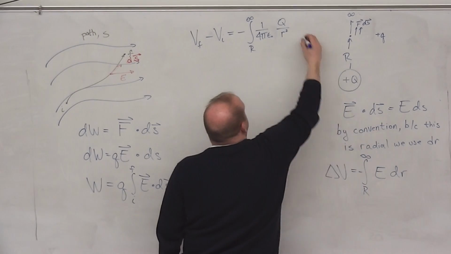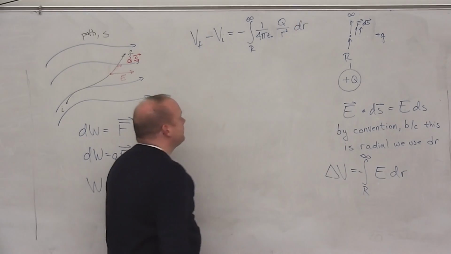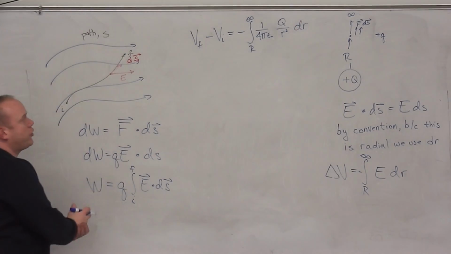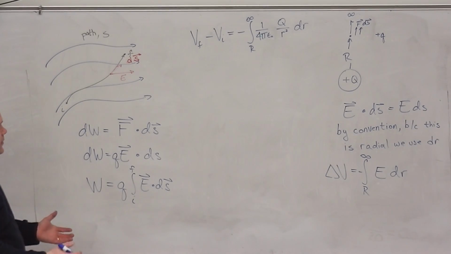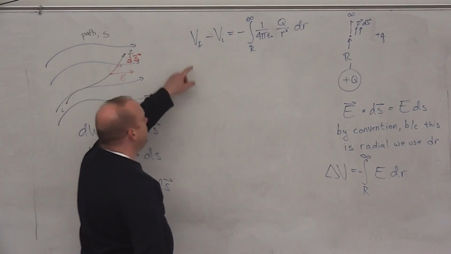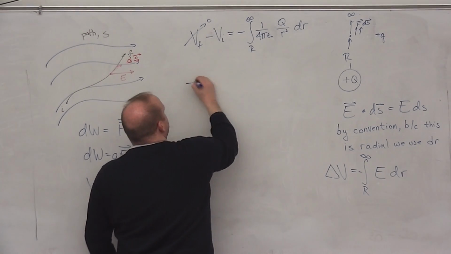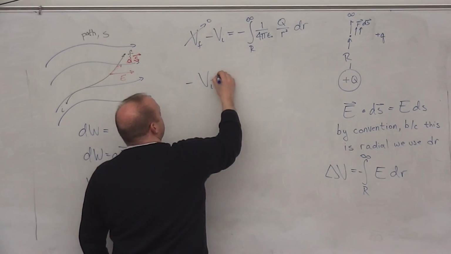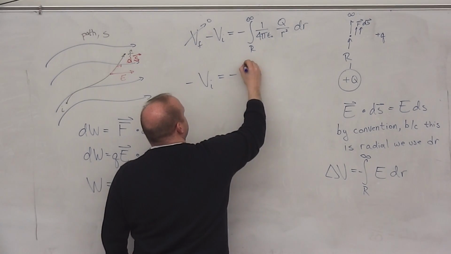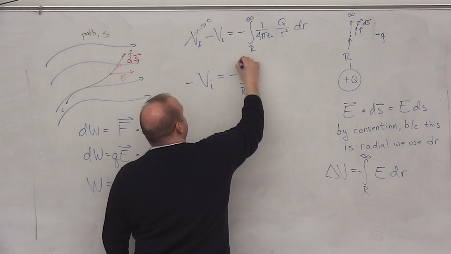That's E times dr. So now, Q is a constant. 1 over 4 pi epsilon naught is a constant. V final, my potential at infinity, I already said was 0. So I get negative potential is equal to negative, going from R to infinity.